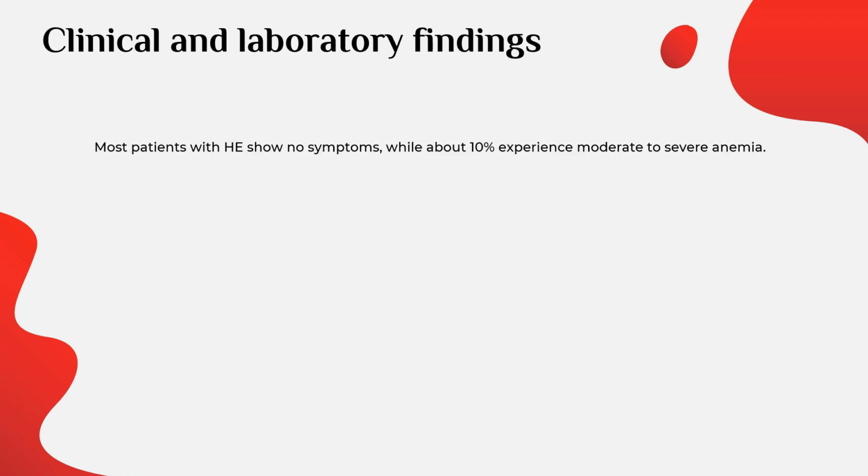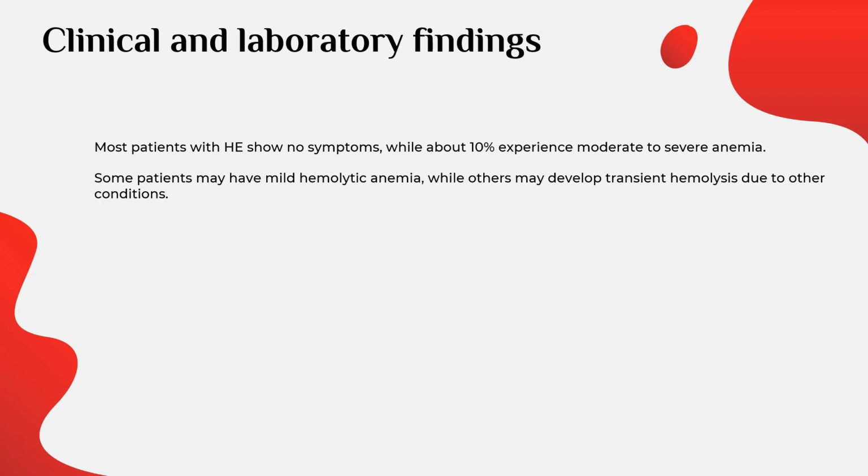Most patients with hereditary elliptocytosis show no symptoms, while about 10% experience moderate to severe anemia. Some patients may have mild hemolytic anemia, while others may develop transient hemolysis due to other conditions. Asymptomatic patients may be diagnosed after a peripheral blood film examination.